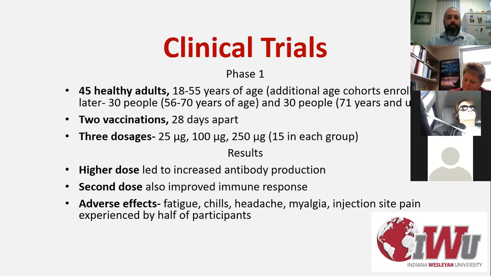In that initial group, that would have been 15 people in each group. And the results from that phase one trial that we have to date indicate that a higher dose leads to more production of antibodies, which, I'm no vaccine expert, but a lot of us might expect it to work that way.